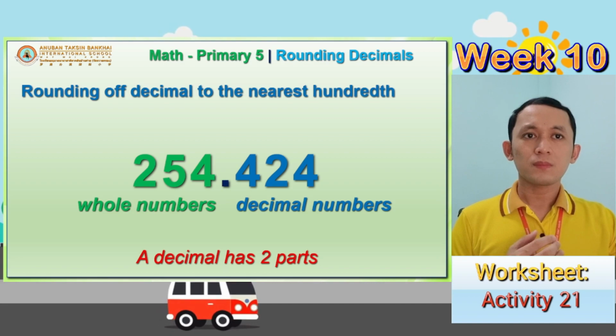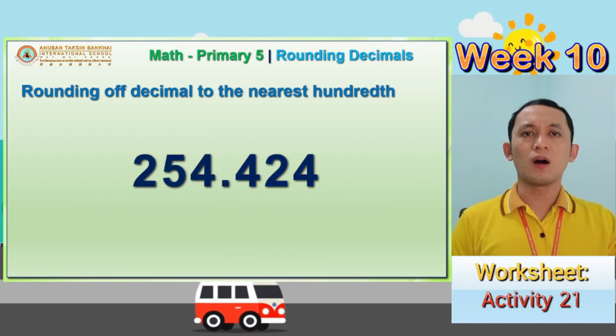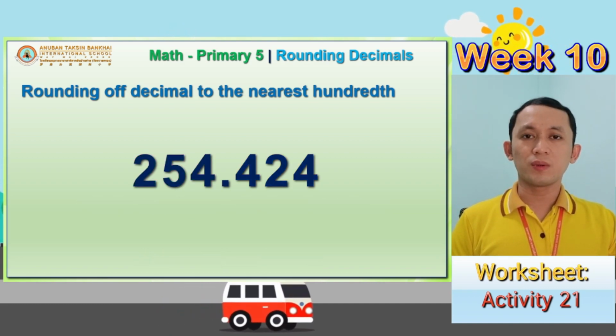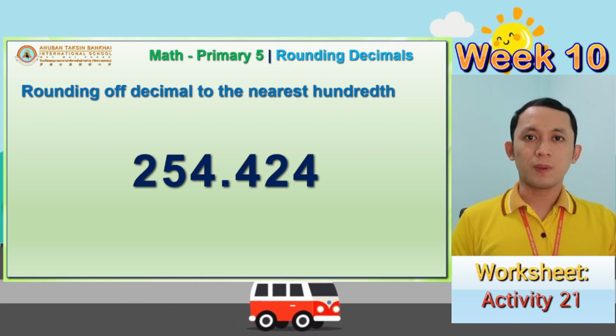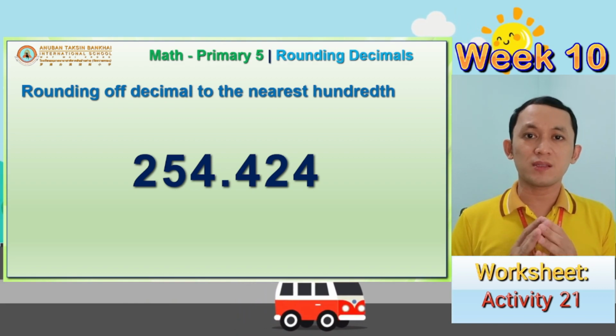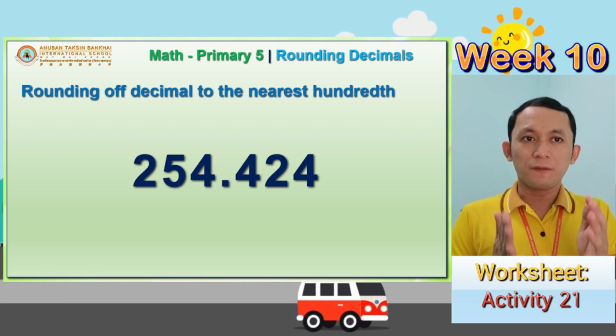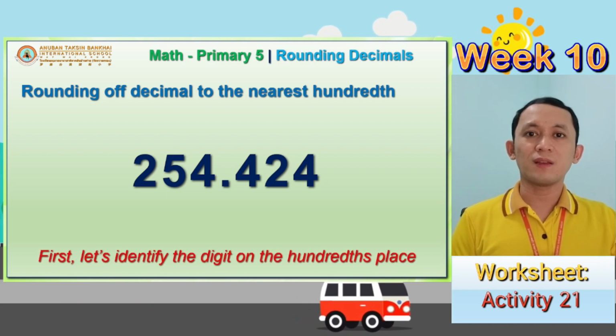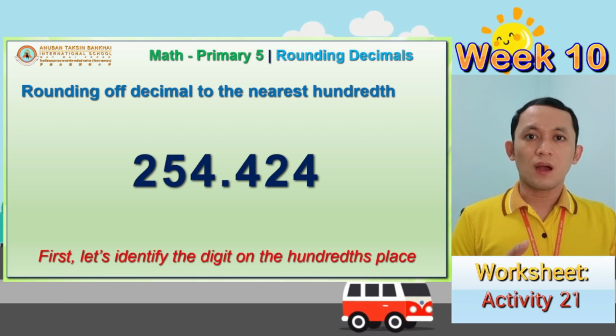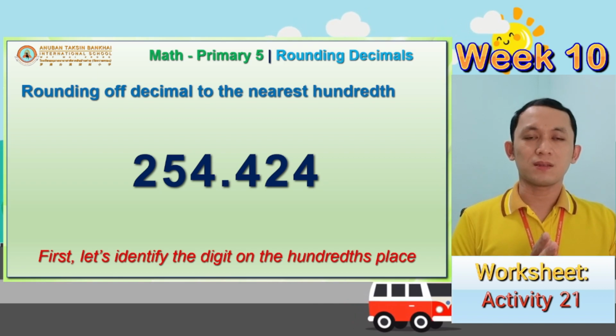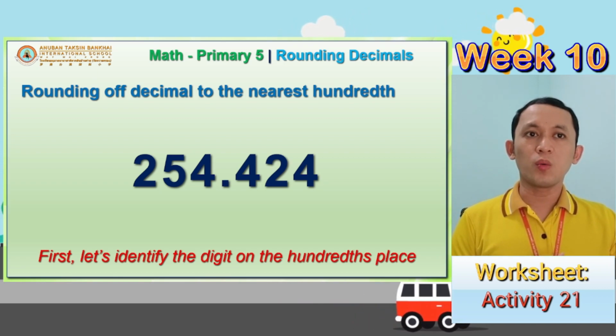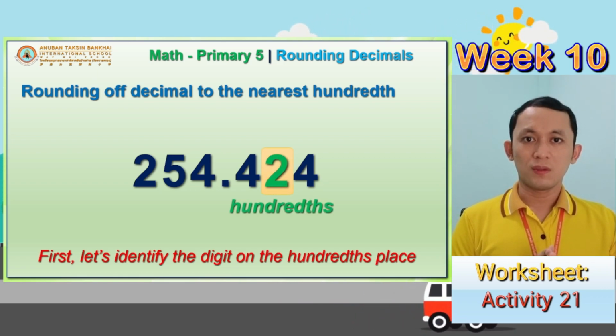Now how are we going to round off a decimal to the nearest hundredths place? We actually have the same process. First, we are going to identify the digit on the hundredths place. In this example, we have 2.